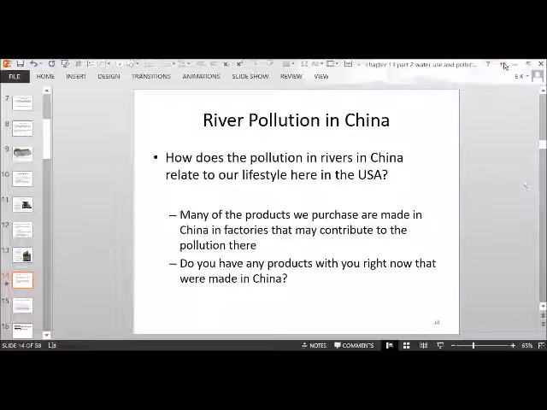So if you take a minute and look around, perhaps the pen that you're using to write with might say made in China, or the notebook that you might be using, various items around you might say made in China. And they're made in these factories.